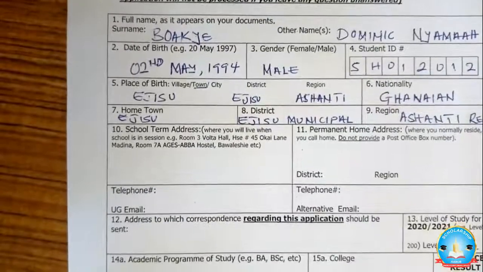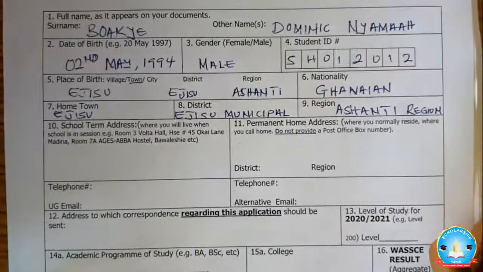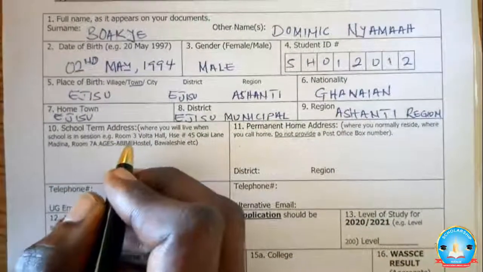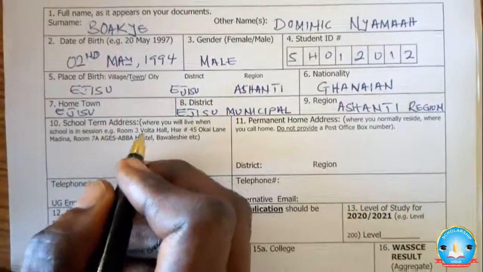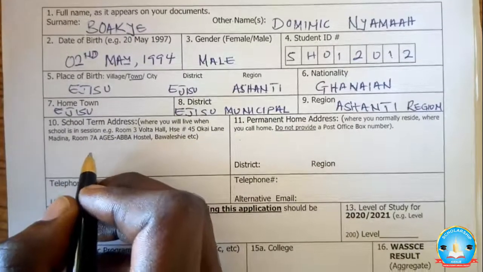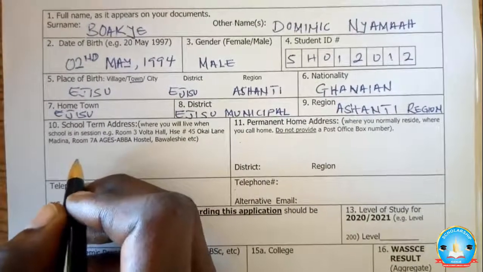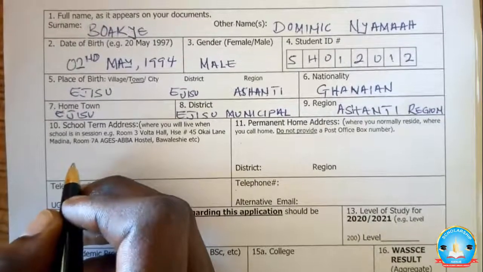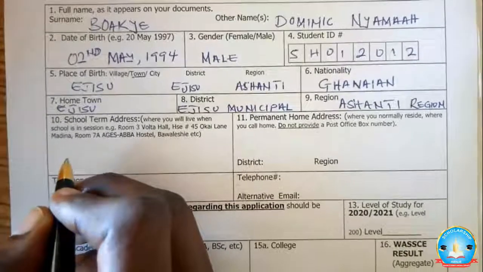Now we go to school term address. You read where you will live when school is in session. That is currently where you live at the University of Ghana, or if you have gained admission, where you are going to live when school is in session.